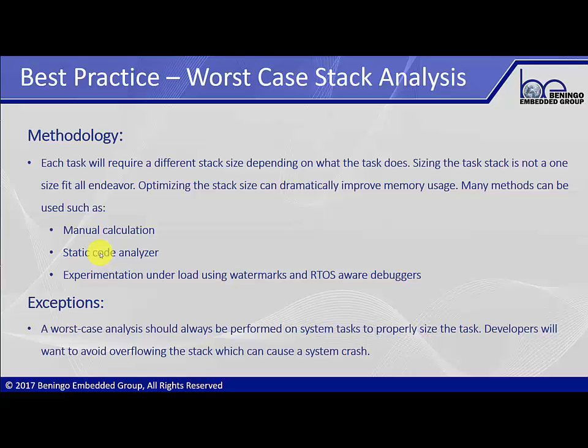Keep in mind though that the static code analyzer is not going to be able to detect function pointers. If I dereference a function pointer, most static code analyzers aren't going to take that into account, which means that my worst case stack analysis will actually be a little bit less than it should be. And then of course the third way is to perform experimentation under load using watermarks and RTOS aware debuggers. This is the technique that I'm going to show you right now using the Keil IDE.